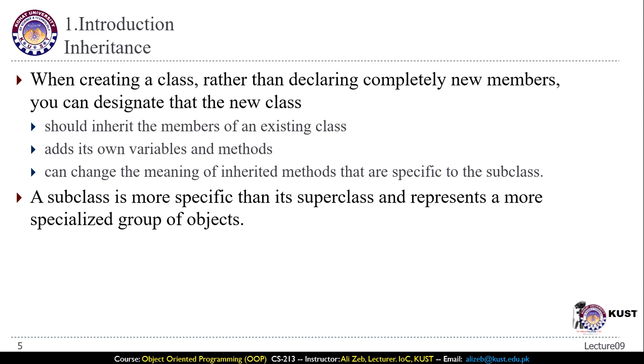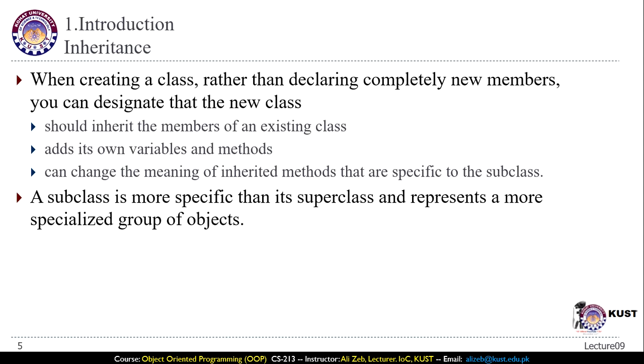It can inherit those methods and change the meaning or add something to them. We will see this in detail when we study method overriding, as to how a subclass can change the methods of the superclass and add to those methods or even completely redefine them.